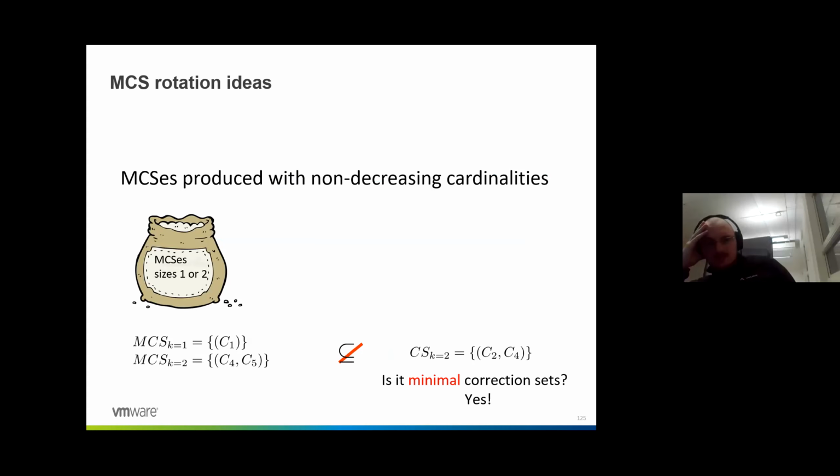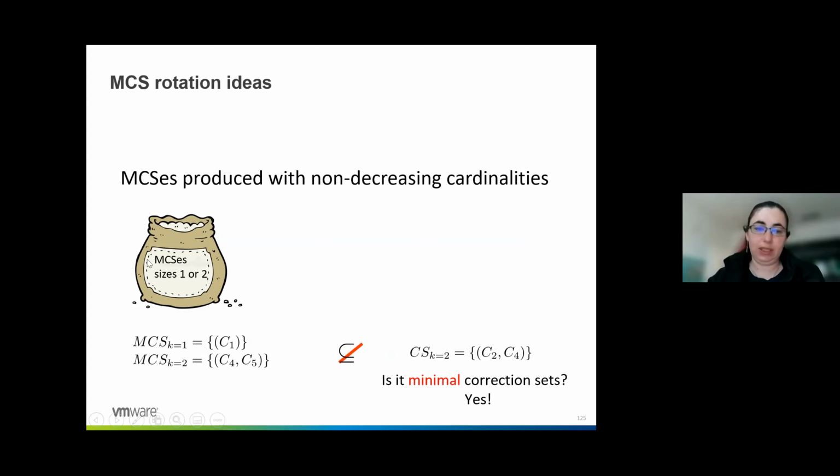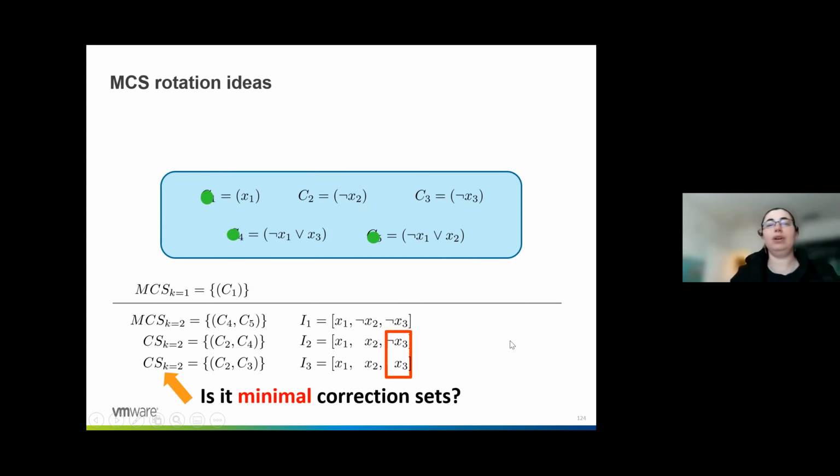There is nothing very deep here. We collect all the correction sets of size 1 and 2. Whenever we get a new one, there are two points where we have to be lucky. The first point: when I flip a literal, I'm not even guaranteed to get a correction set of the size k that we are looking for.